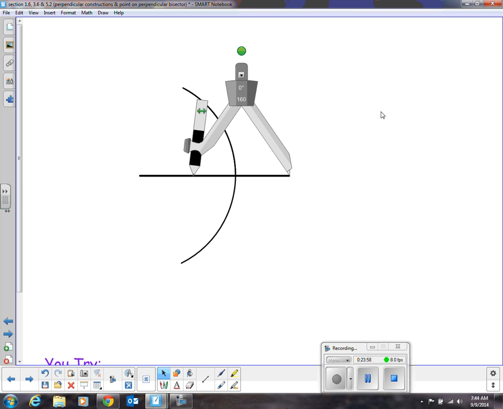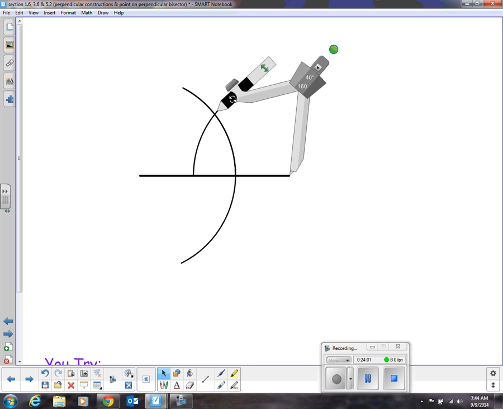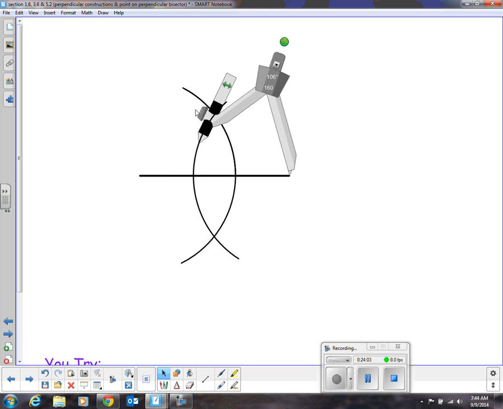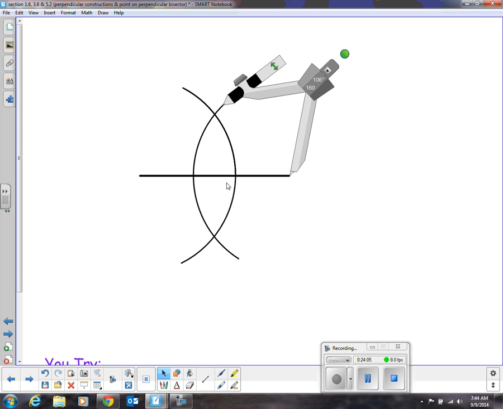And so you're going to make another arc, and the goal is to intersect the arc you just made. And then you take a straight edge and you connect the intersection of those two arcs. And that is a perpendicular bisector.